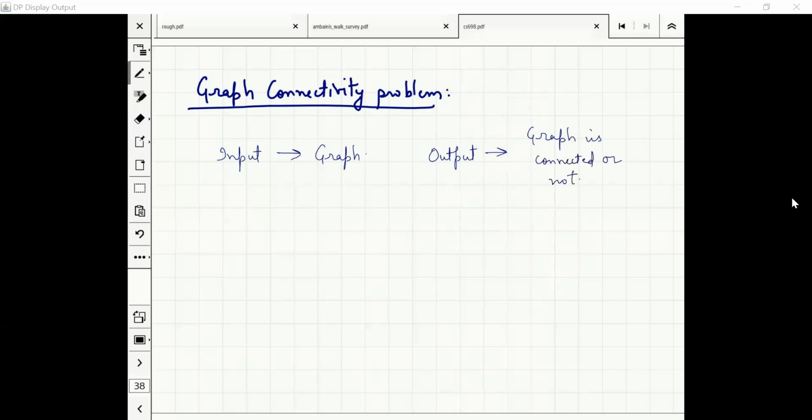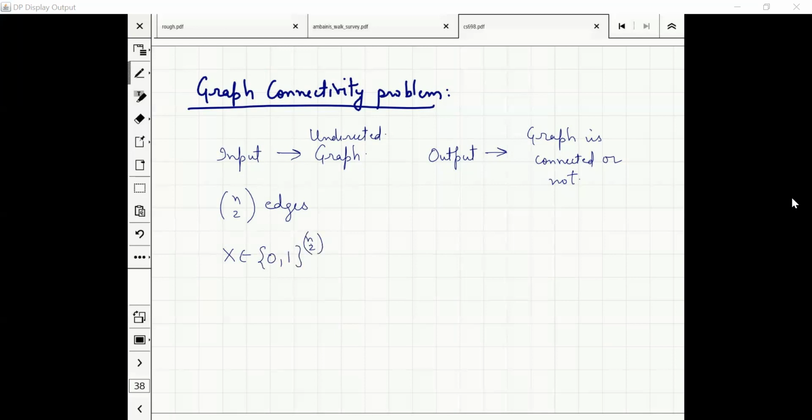So the graph is an undirected graph. Okay, we can use an adjacency matrix. Or the easier way is you just fix an ordering on all n choose 2 edges. And then my input is a string of zeros and ones of length n choose 2. So 0 means the edge is not present, 1 means the edge is present.